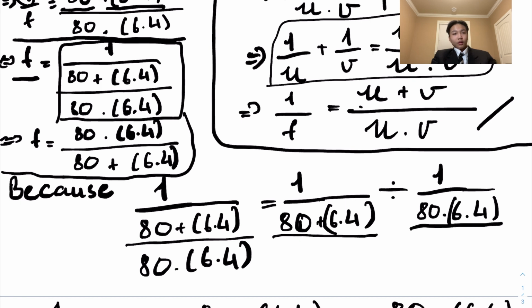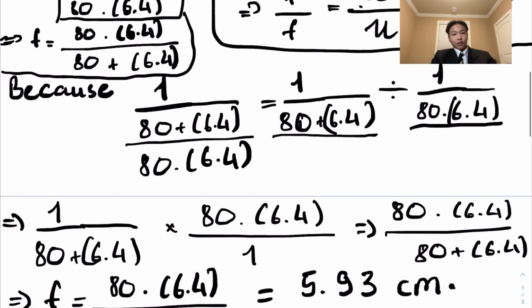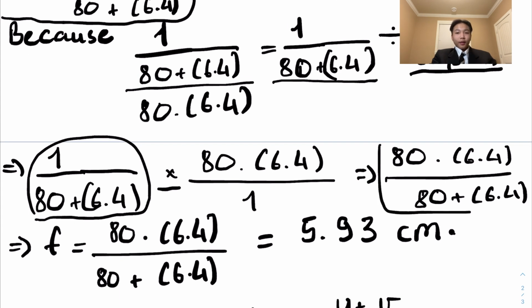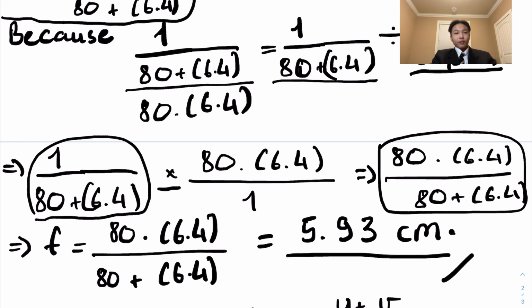Meaning that 1 over 80 plus 6.4 will be multiplied by 80 times 6.4 over 1. After this step, the question eventually transforms to a simple calculation. So we will have the answer, which is about 5.93 centimeters.